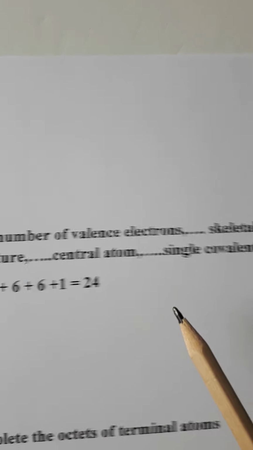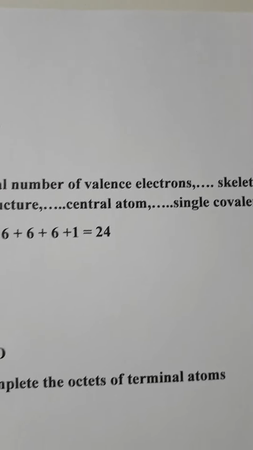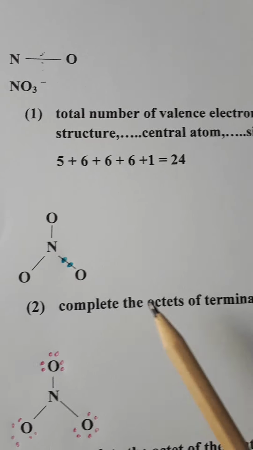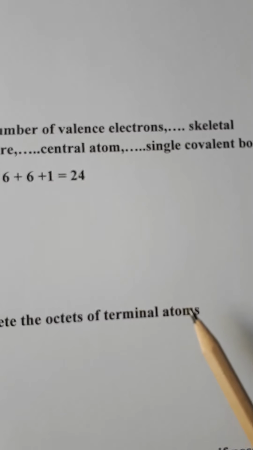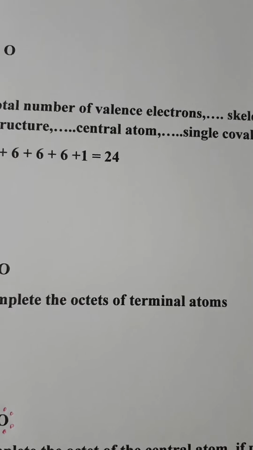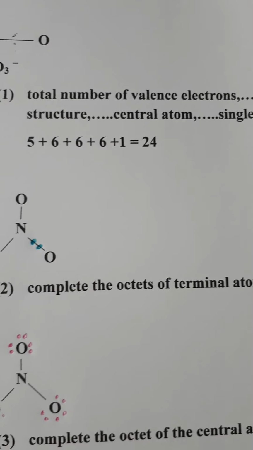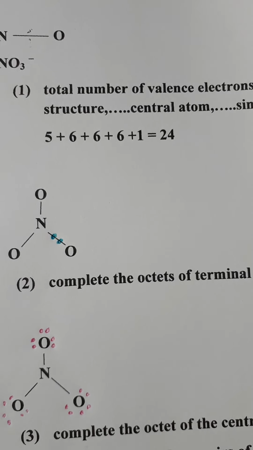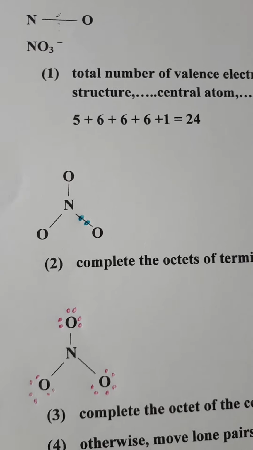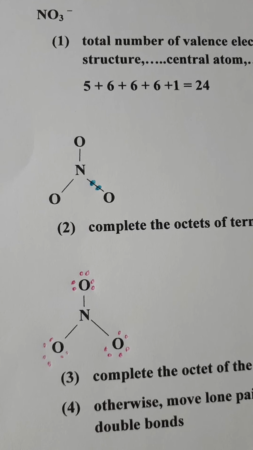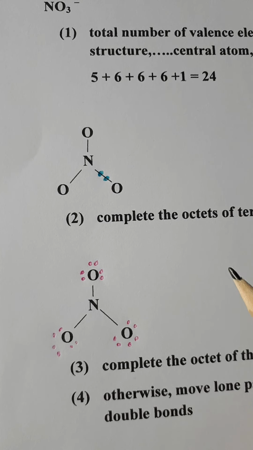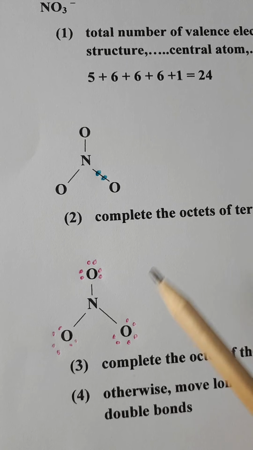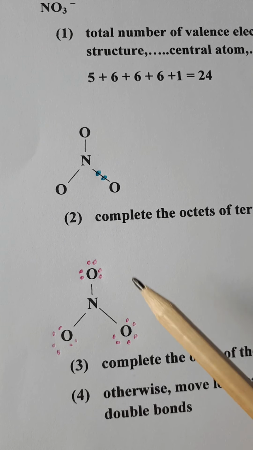Then what do we do? Then we have to complete the octets of the terminal atoms, using our remaining 18 electrons. If you can remember the name octet from our previous lessons.